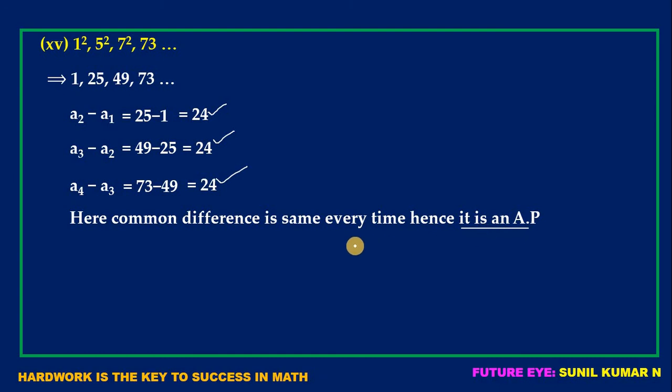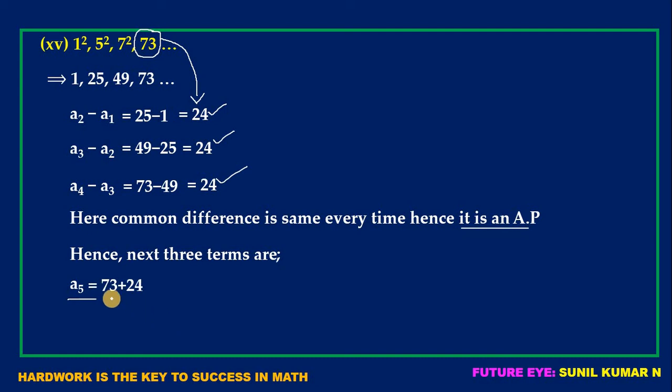If it is in AP, we need to find a further 3 terms. How to find that? A5. To find A5, the 4th term is 73. That 73 add to the common difference 24. 73 plus 24, we get 97. Next A6.